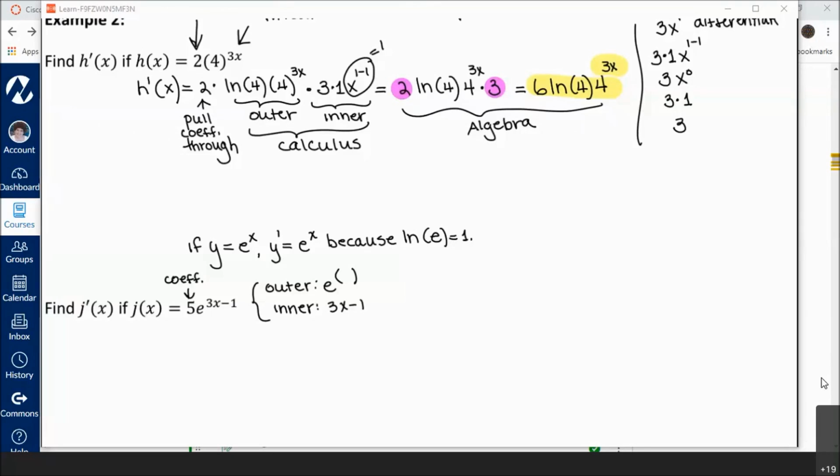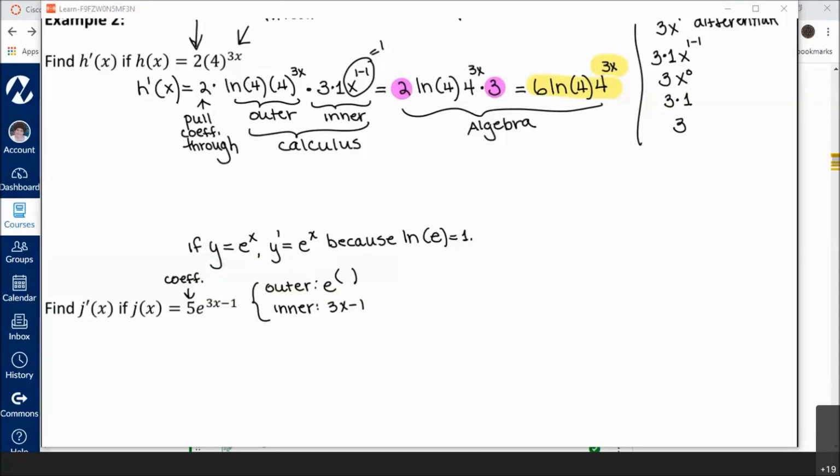The only difference between this one and the previous one is we have a different base on the exponential part. Okay, the exponential base here is e. And you may or may not remember from last time, if I have the function y equals e to the x, the derivative of it is the same thing, e to the x. You might say, well, before it was ln of the base times the same thing.